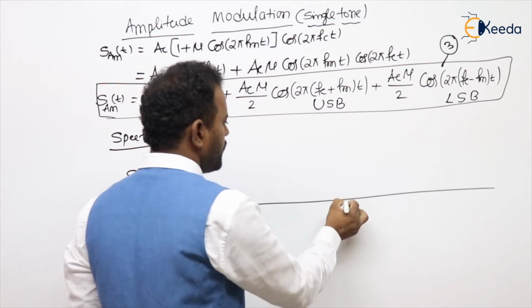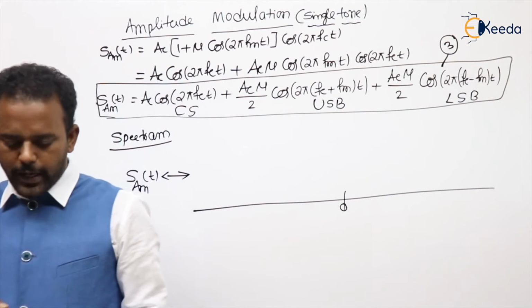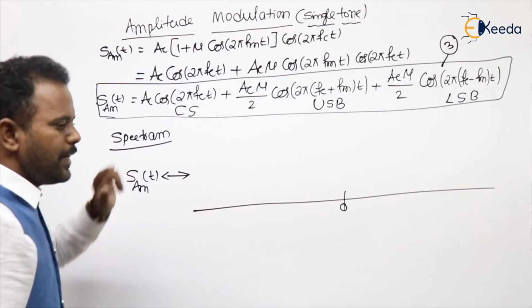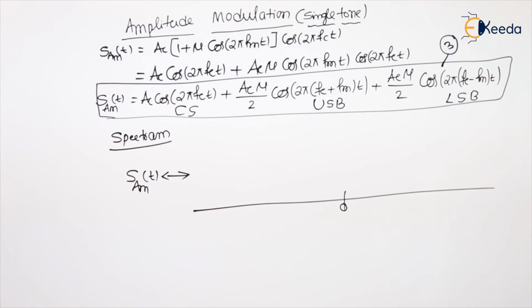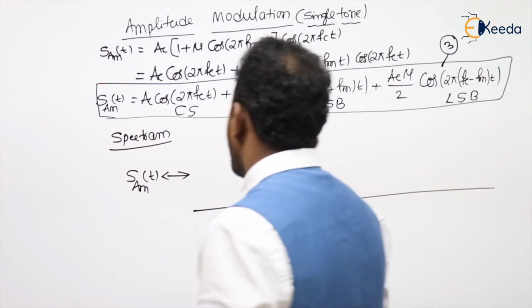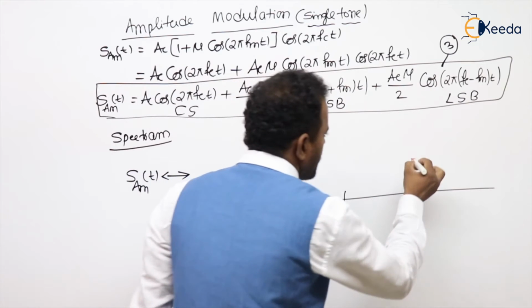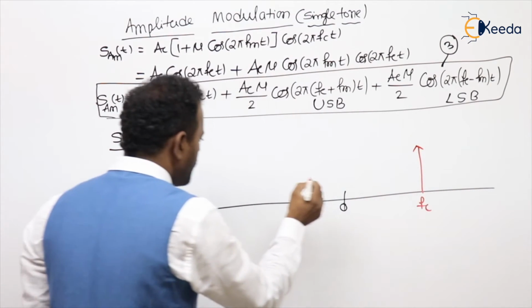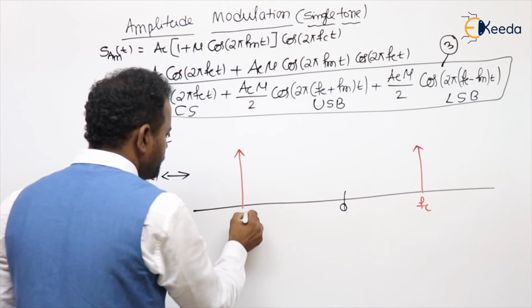I already told you previously, draw the impulse at their frequencies. Let's see the first term. What is its frequency? f_c. So write an impulse at f_c. One more is exactly the negative version, write at minus f_c.